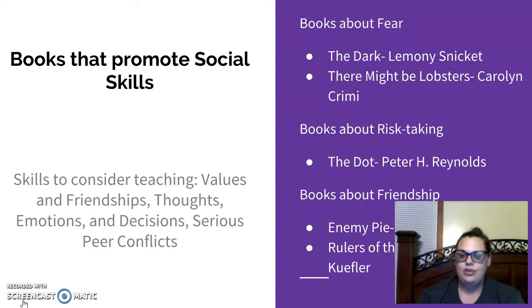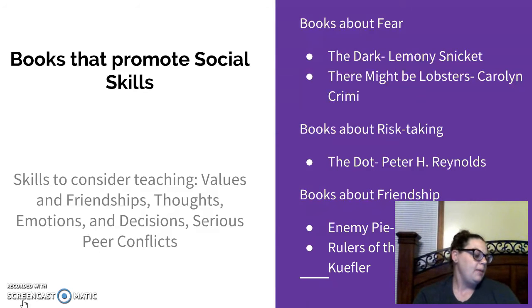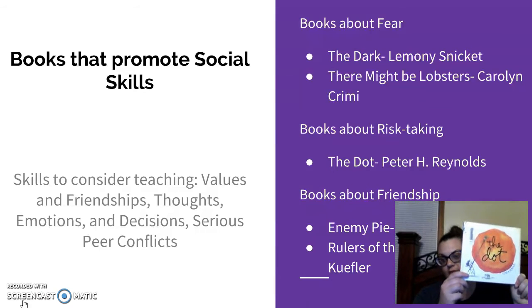I listed a few books here. There's some books about fear, books about risk-taking, and books about friendship. I actually had the opportunity to watch a lesson on The Dot by Peter H. Reynolds for a 3rd grade class. And so I went ahead and checked out our book, The Dot, from the library.